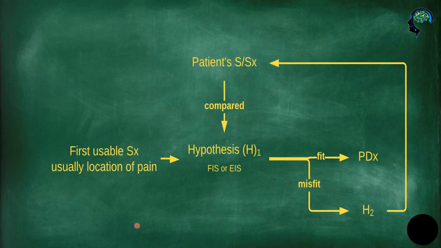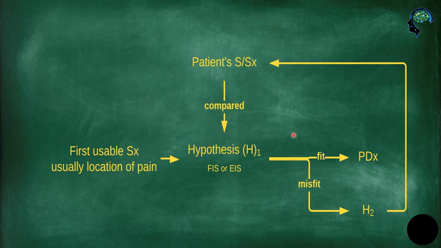Okay, so a very simple diagram, essentially looking at what we've just talked about. So we choose the first usable symptom or initial symptoms to generate the hypothesis. As I say, this is mostly where the pain is. So we generate a hypothesis and we access the focus illness script, and we compare the patient's signs and symptoms with that focus illness script.